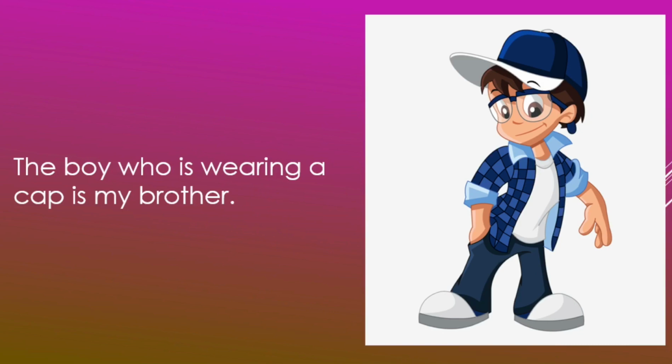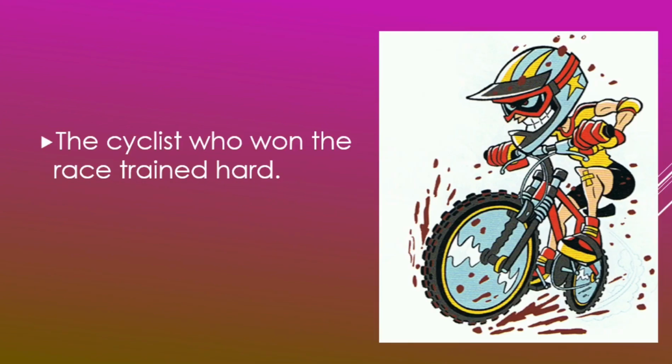Now let's see the second example of who. The cyclist who won the race trained hard. We are talking about the cyclist, the one who won the race.